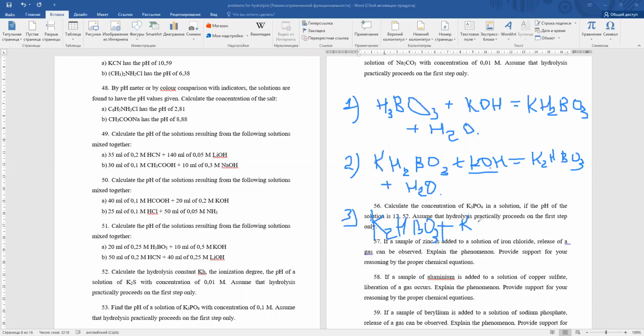So, you understand? Why are we doing it in 3 stages? Because in the hydrolysis rules, the multiple acidity acids should hydrolyze in stepwise character.